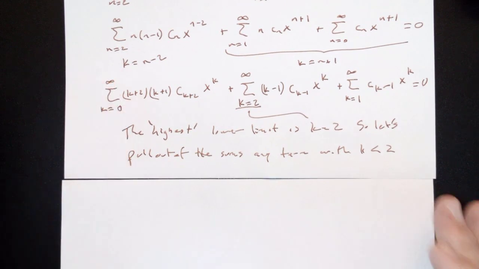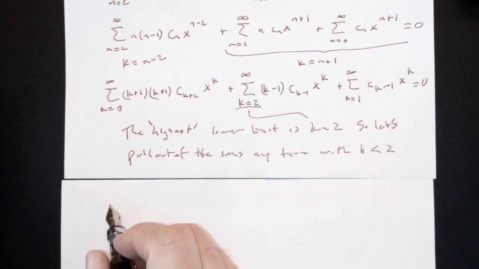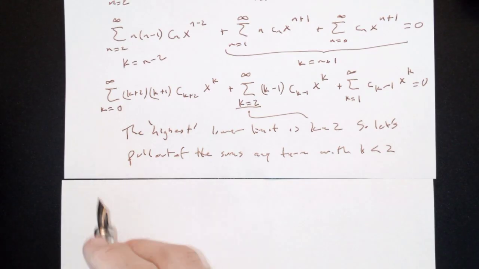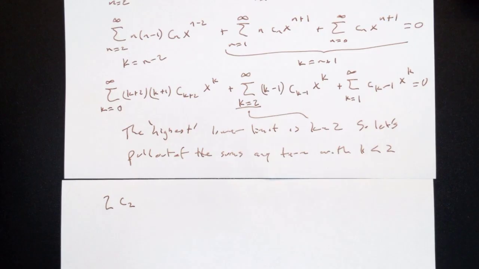2 times c(k+2). Oh, you're saying 2 c2. Okay. If k is 0, I get 2 times c2 times x to the 0. Right? That's from that first sum.